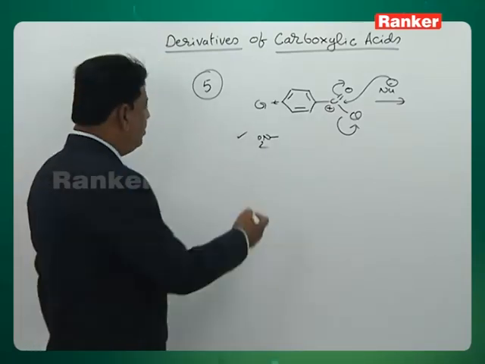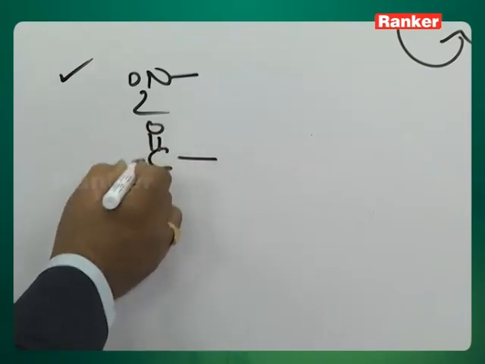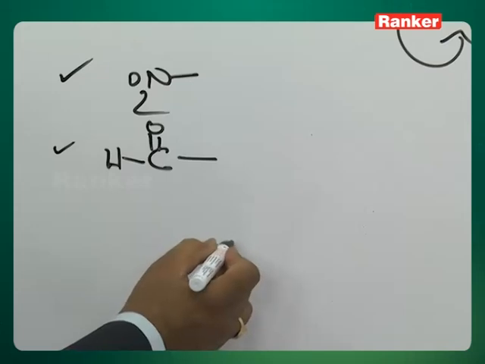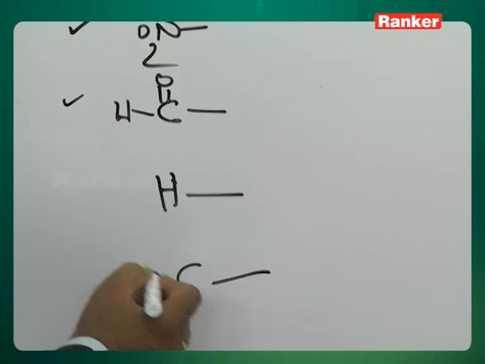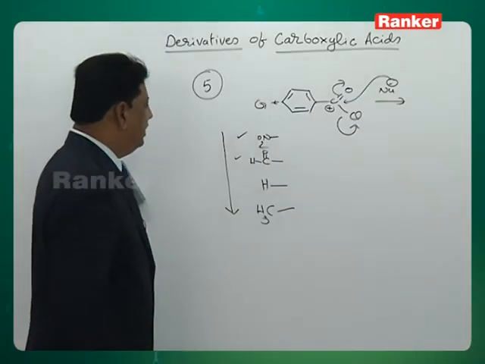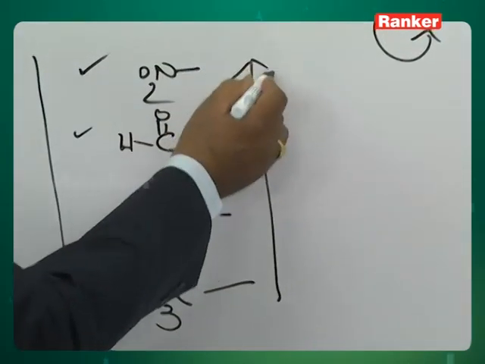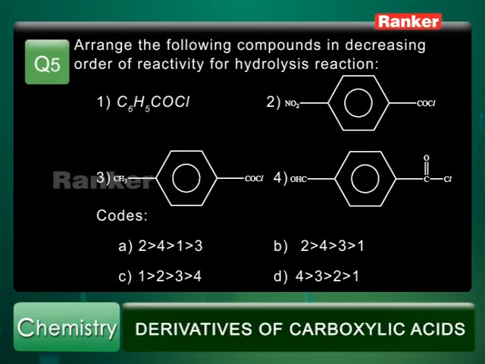First the nitro group will be the stronger one, then comes the CHO aldehyde group, the second option, then comes the ordinary hydrogen, then comes the CH3. This is the decreasing order of reactivity, and the reverse is the increasing order. First the nitro group, that is option 2, is number 1, then comes 4, then 3, then 1. So option B is the right answer.